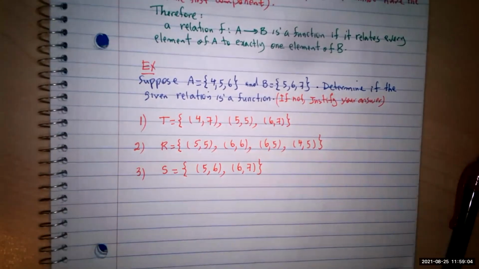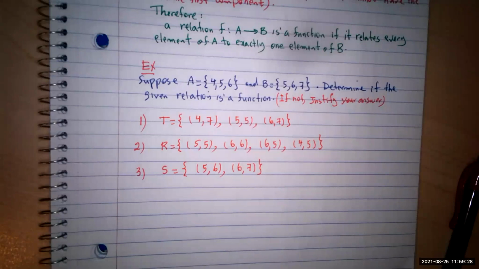You know that all of them are relations, because a relation is just a collection of ordered pairs. So we want to know which of these are going to be a function. Remember, a function must satisfy two conditions.